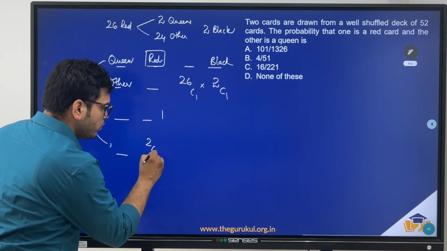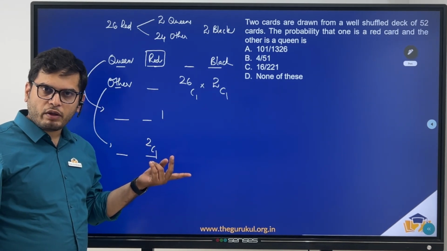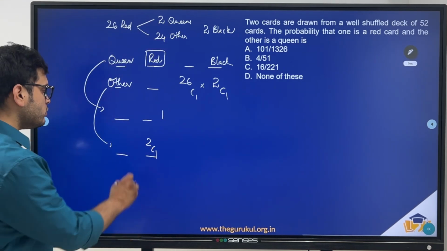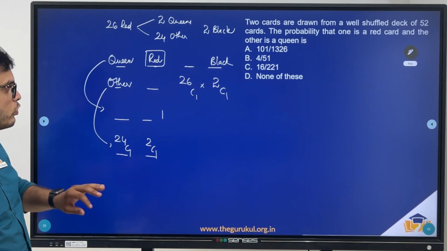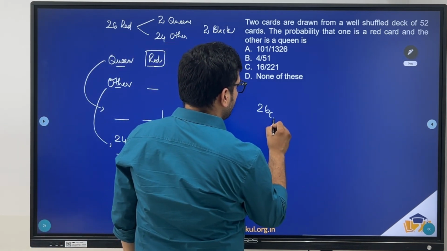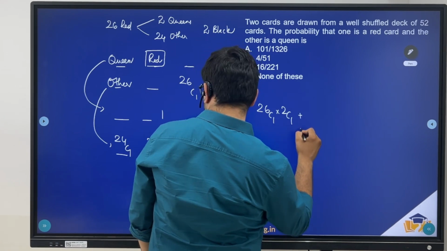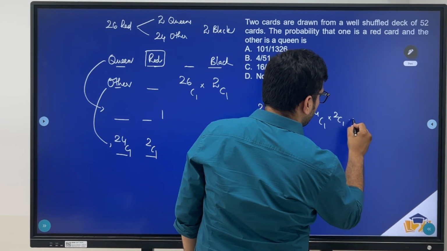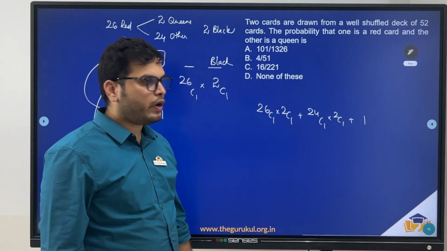So 2C1 ways, this could be either a queen of hearts or queen of diamonds, right? Now this should be one among the 24 other cards, so that can be done in 24C1 ways, right? So the total number of ways would be 26C1 into 2C1 plus 24C1 into 2C1 plus you have one way when both the cards are red queens, right?